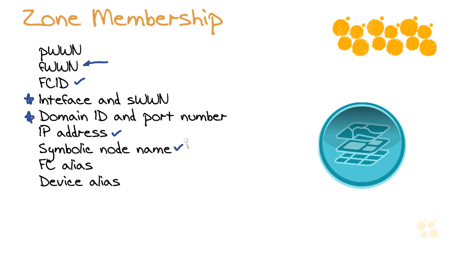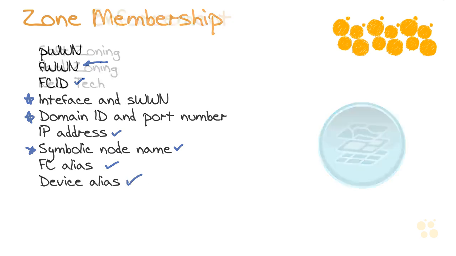Again, be careful, because there are a lot of different implementations of this, and you might have trouble in multi-vendor fabrics. And then finally, we could use fiber channel alias or device alias as our methodology of zone membership.